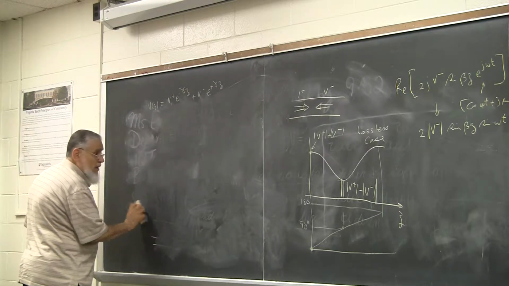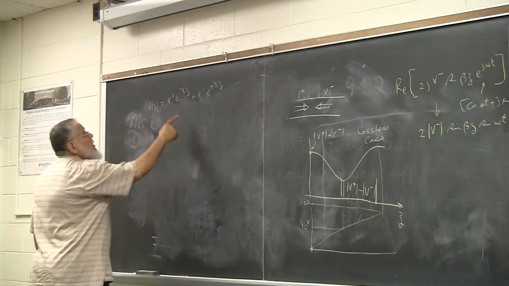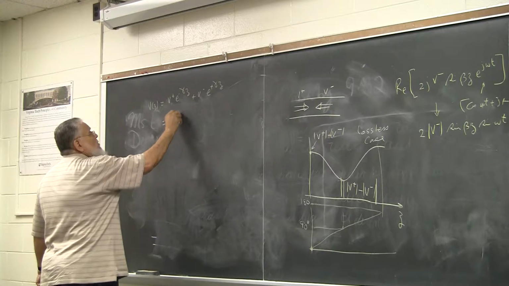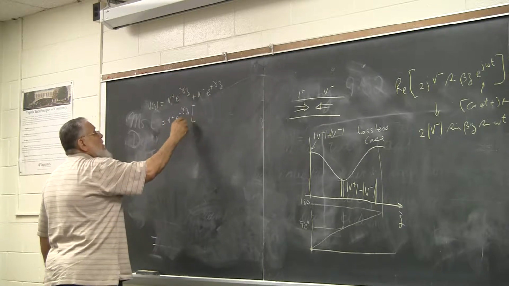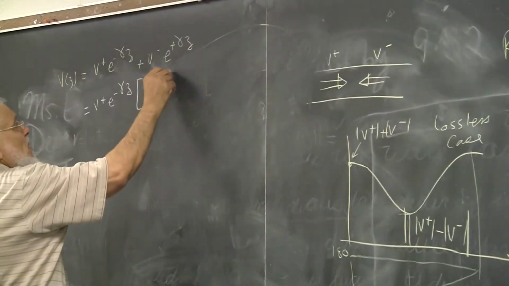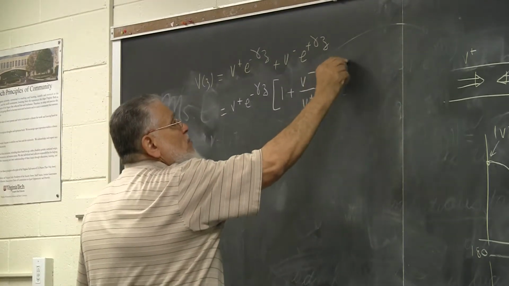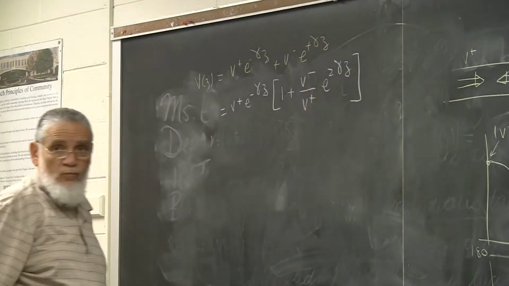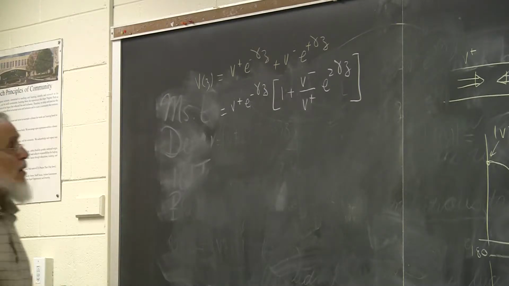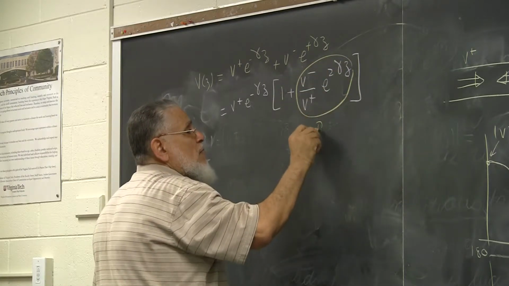So what we do instead is take the V plus e to the minus gamma z as a coefficient out, and we would be left with 1 plus V minus over V plus e to the 2 gamma z. And we'll call this quantity here gamma of z.